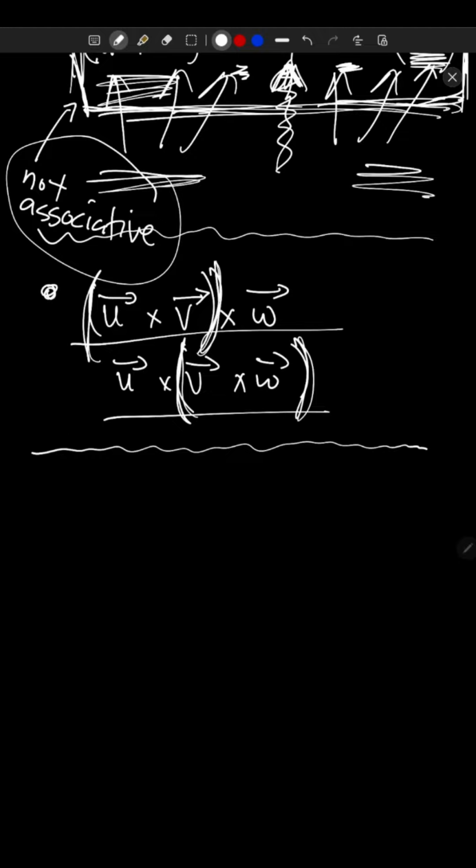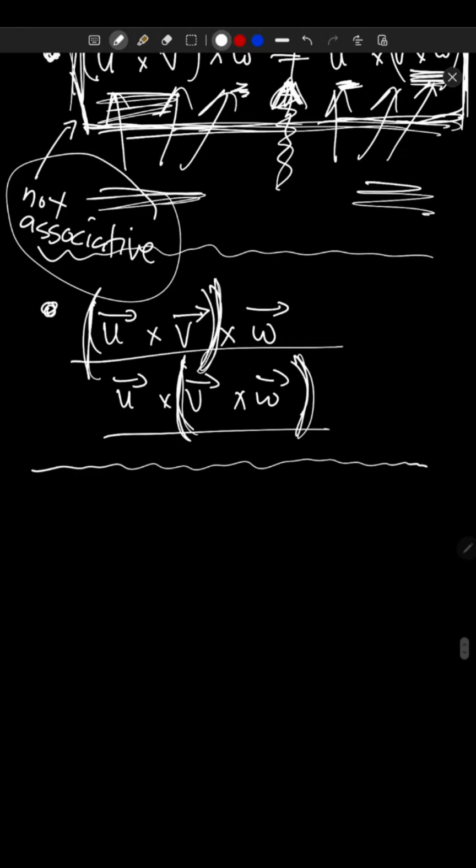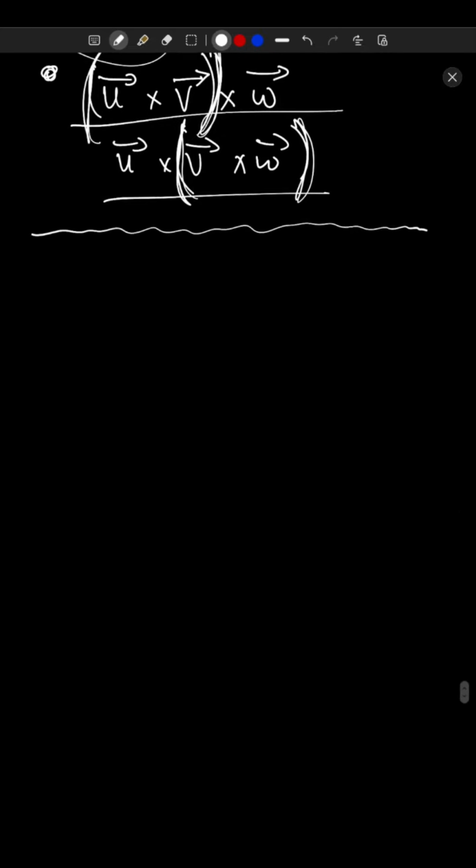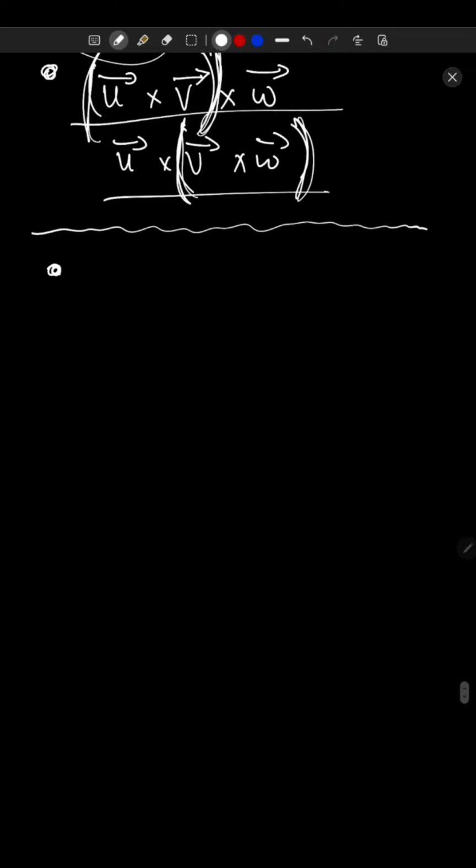Those are the two unpleasant properties of the cross product. But as usual, we do have properties that work out well. Let me write out some properties that are okay. A is a number, a scalar.